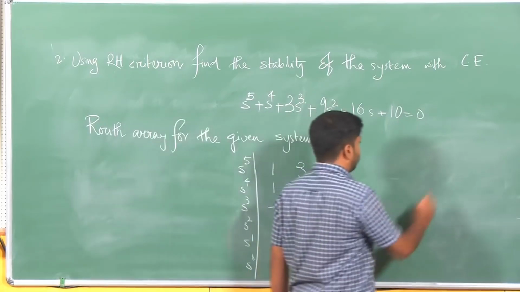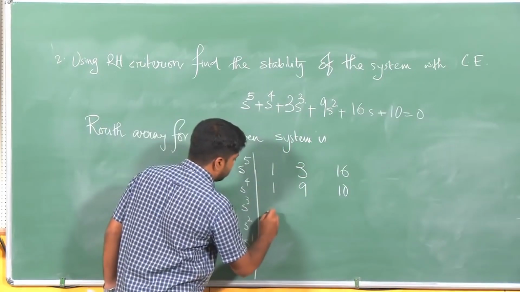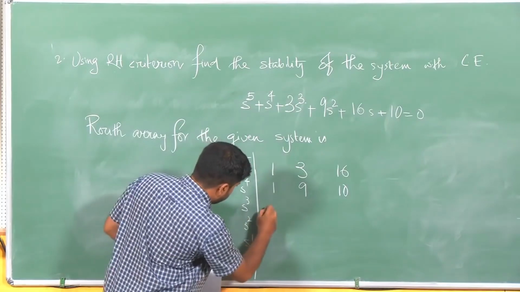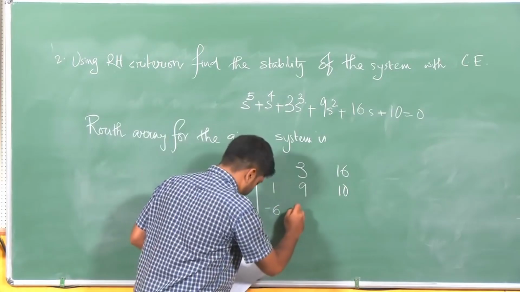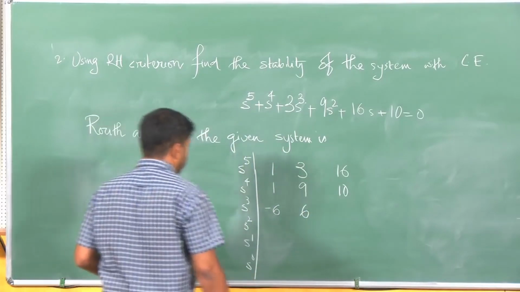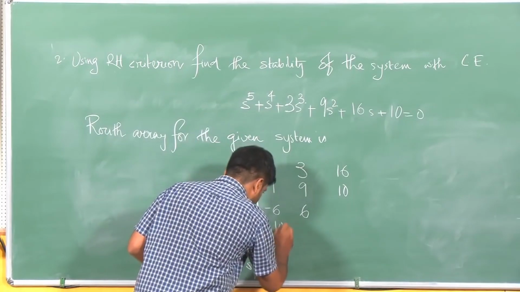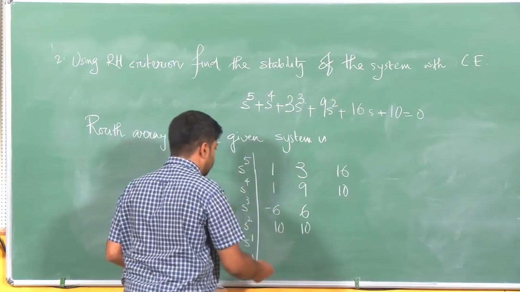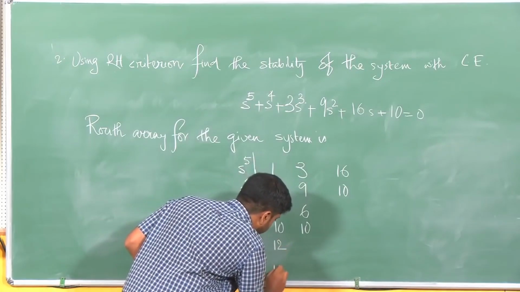So, this is easy, 3 minus 9, so it will be minus 6, 1 into 16 minus 10, so this will be 6. Now, this is 10. 10 into 6, 60 minus, so 12, and this is 10.